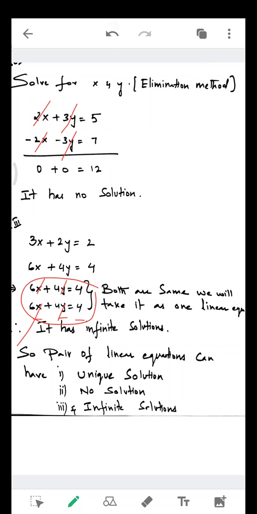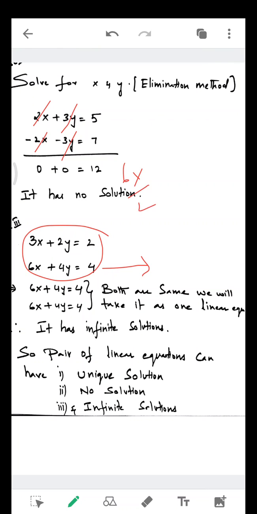These two equations are the same equation. Just divide the second equation by 2 and you will get the first: 6x by 2 plus 4y by 2 is equal to 4 by 2. You will get 3x, 2y, and 4 by 2 is 2. So there is no difference between these two equations.